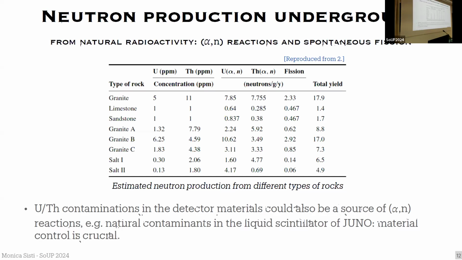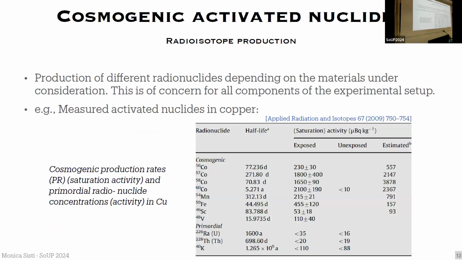For example, in JUNO, we also have a source of alpha-n reaction directly in the liquid scintillator because of the presence of carbon-13 which, with the uranium and thorium, even at the low levels predicted for the JUNO liquid scintillator, can give rise to some neutrons.